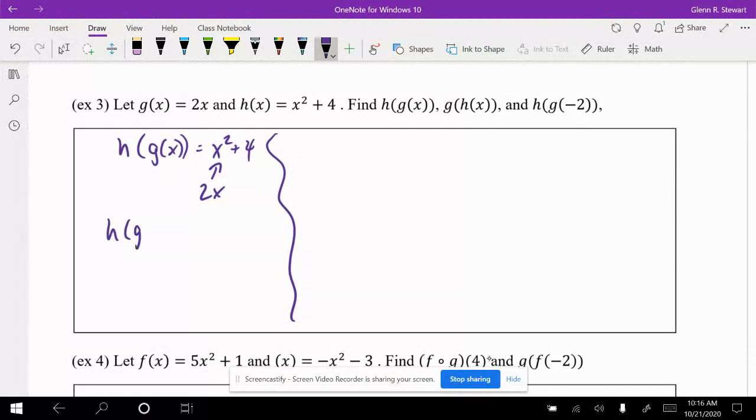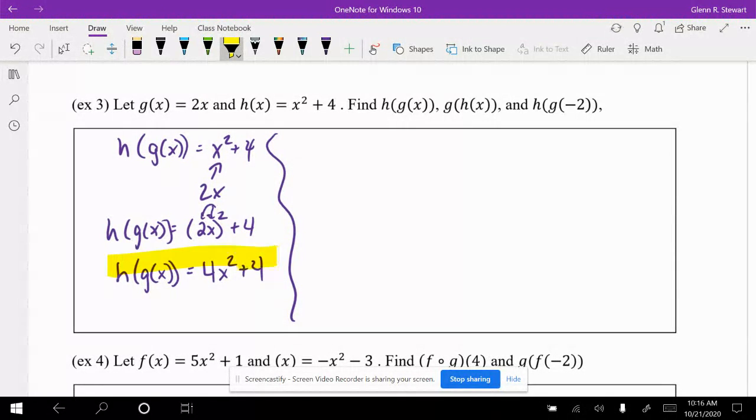So h of g of x is equal to parenthesis 2x close parenthesis squared plus 4. From our laws of exponents, I'll distribute that. And h of g of x is going to be 4x squared plus 4. On the flip side, we've got g of h of x.